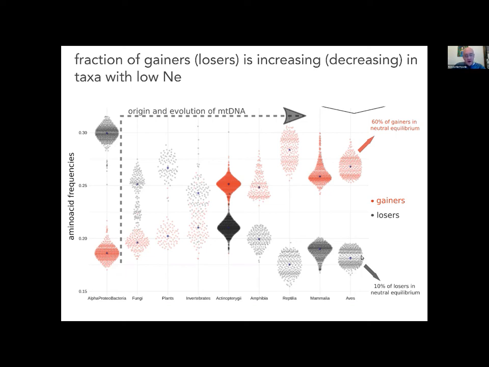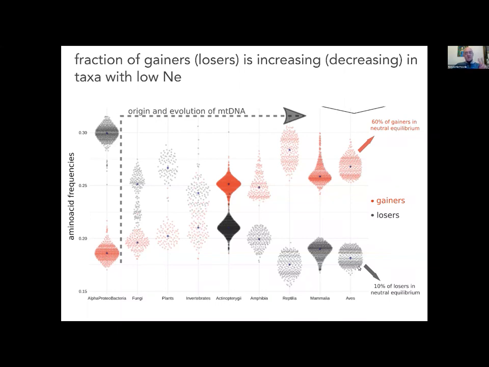And after, we decided to go back to the past and see what the ancestral mitochondrial genome was. We know that mitochondria originated from alpha proteobacteria. So we found orthologs of mitochondrial protein coding genes in bacterial genomes, and we estimated the fraction of losers and gainers in alpha proteobacteria. And interestingly, we see that initially the fraction of losers was high enough, let's say 30%, but the fraction of gainers was low, 20%. And at some moment after the origin of the mitochondrial genome, gainers started to increase in frequency, but losers started to decrease.